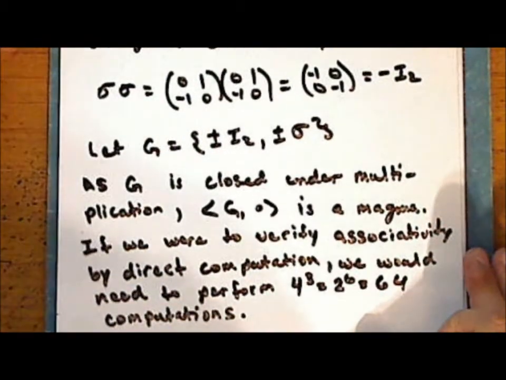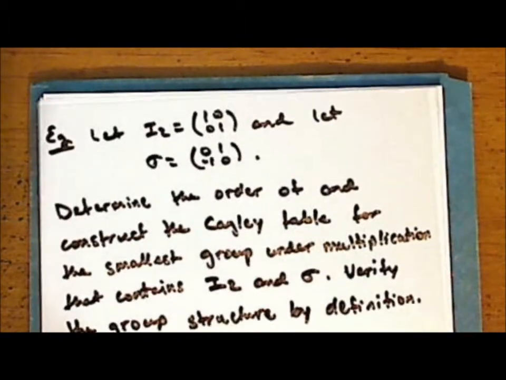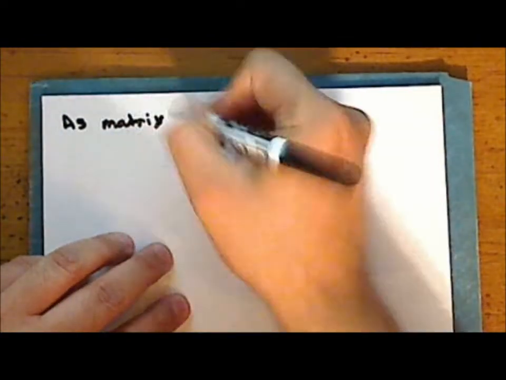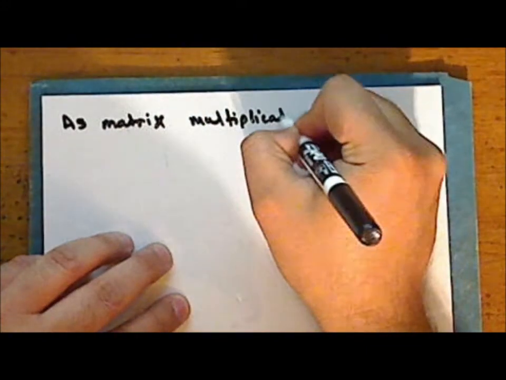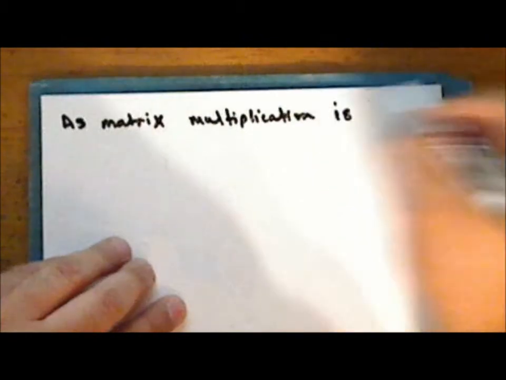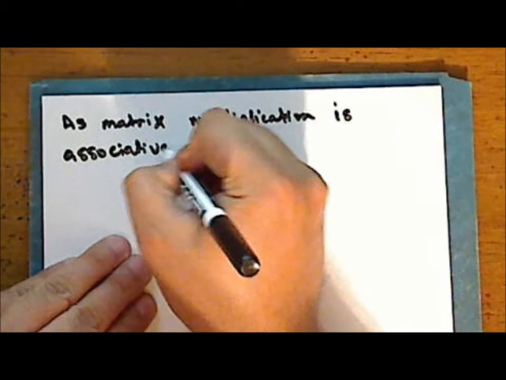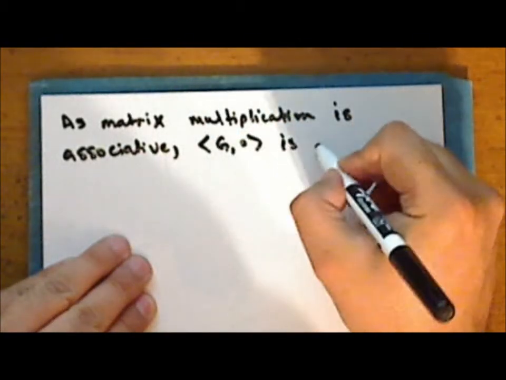Now, fortunately for us, we have already demonstrated that matrix multiplication is associative way back in lecture 4. So as matrix multiplication is associative, the set G under multiplication is a semigroup.